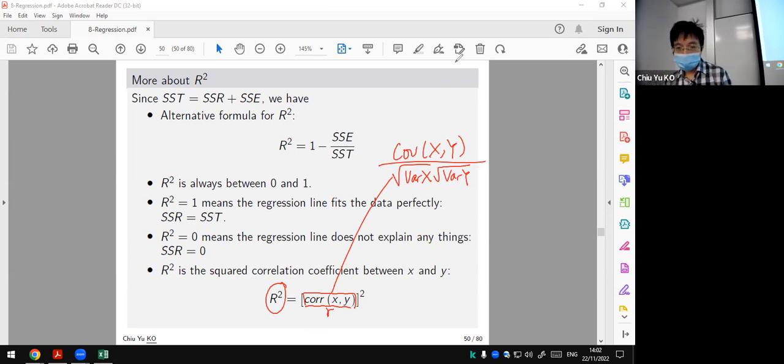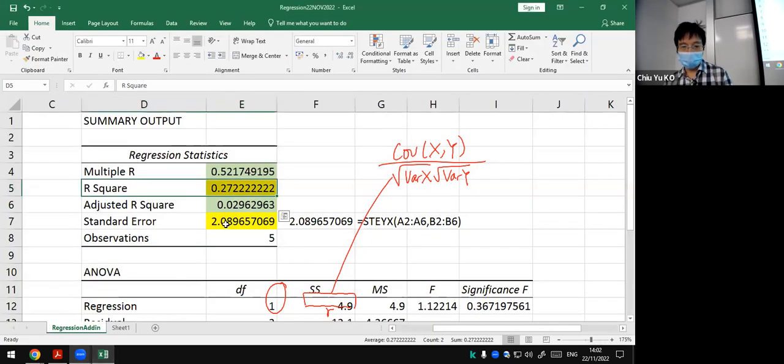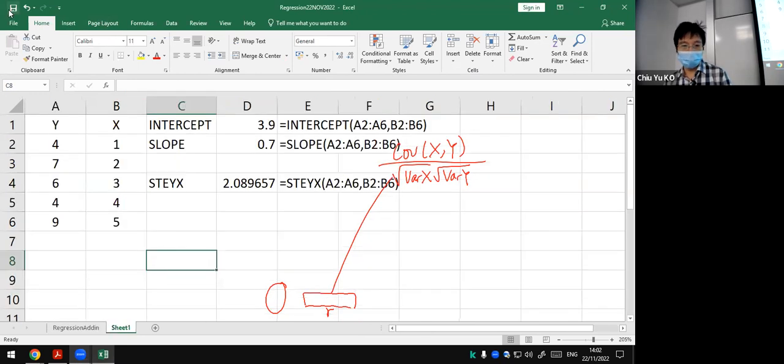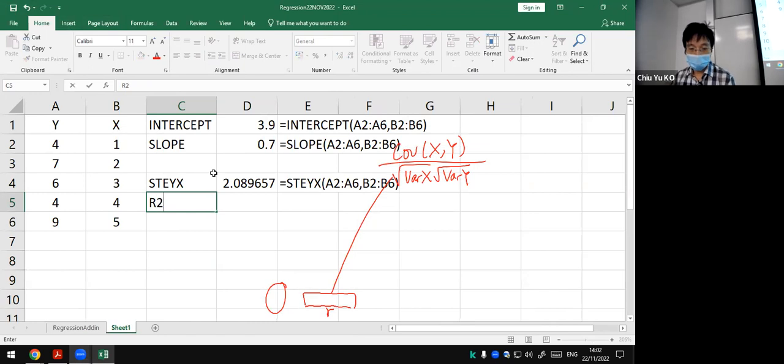Now, I want to take you to the Excel a little bit because there's a function introduced. This R-square is there already in the add-in, right? But I want to show you that there's another function called RSQ.